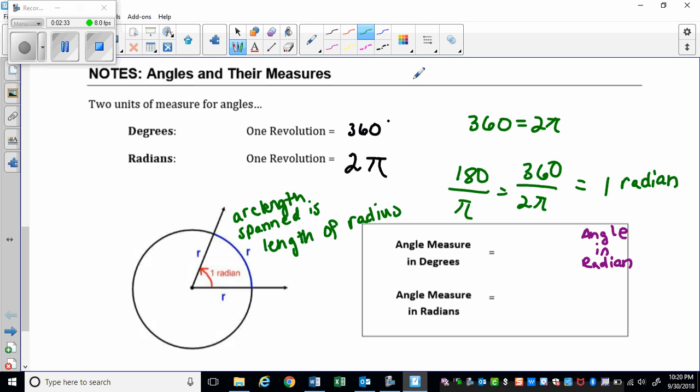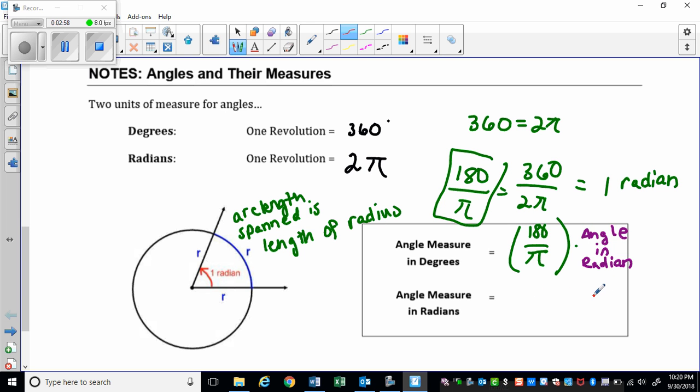All you have to do is multiply it by the conversion. So this is going to be our conversion: 180 divided by pi. You have to multiply it by this, and then it'll give you the degrees. Okay? So if you have your radians, you multiply it by 180 over pi, and that'll give you your degrees.